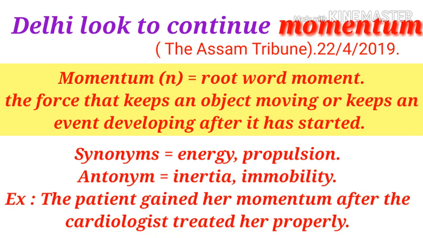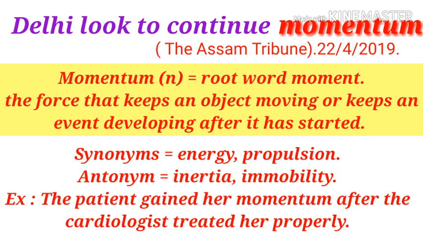That means she gained her energy after her treatment. So this is the meaning of the word momentum. I hope you have understood it, and I want that you learn it properly. If you want to give any other examples, you are always welcome, and you can answer me in the comment box. Okay, this is the first word which I have discussed here today.